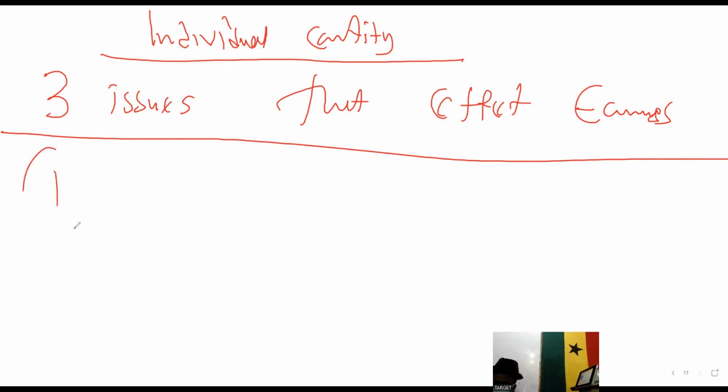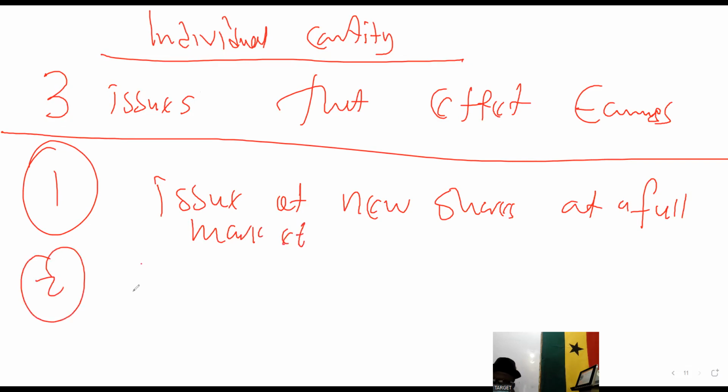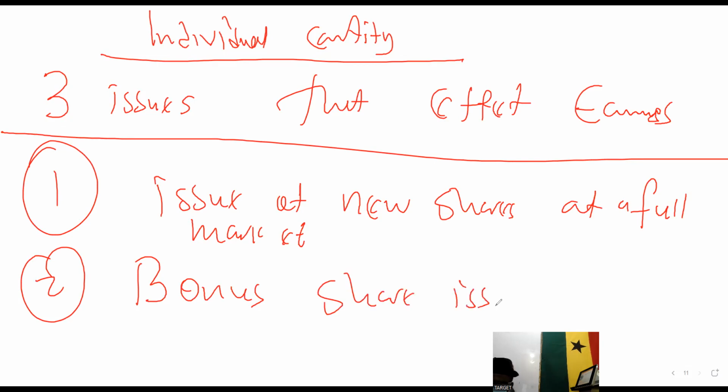Number 1 is issue of new shares at a full market price. Number 2, bonus shares issue.